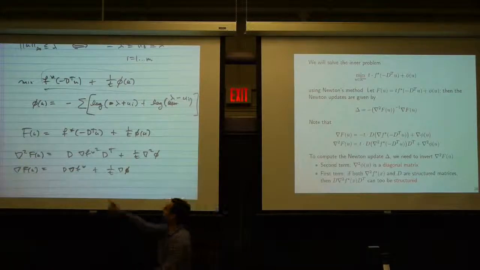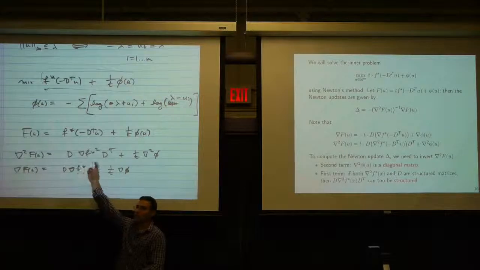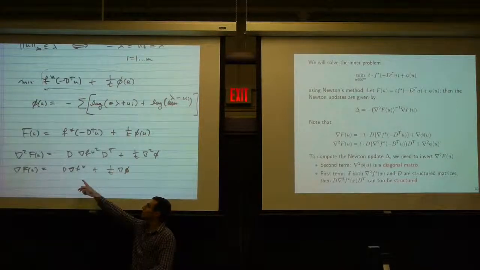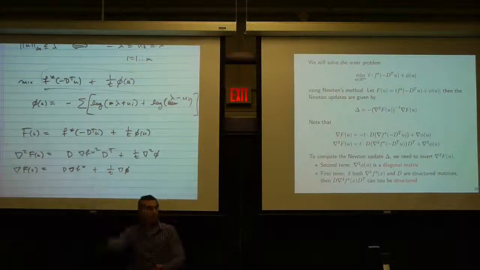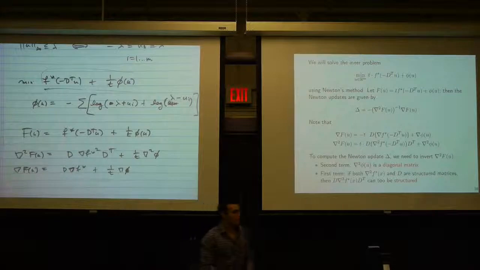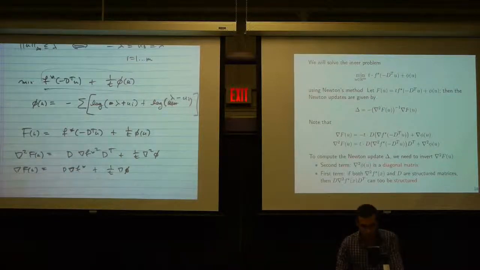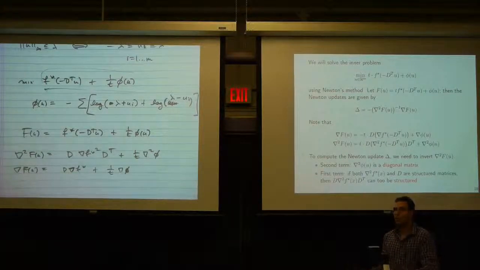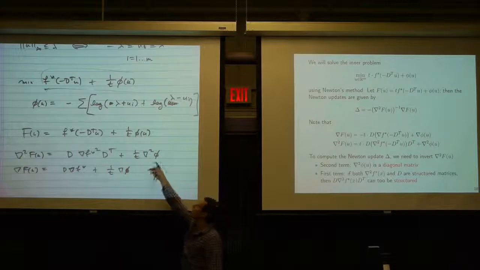Then to solve these problems, it would be d times a diagonal times d transpose plus a diagonal, inverted, times the gradient. So it essentially boils down to a matrix whose structure is dictated by d d transpose. If d d transpose is sparse or has structure, that whole Hessian will have structure, because all I'm doing is changing its diagonal with these terms.